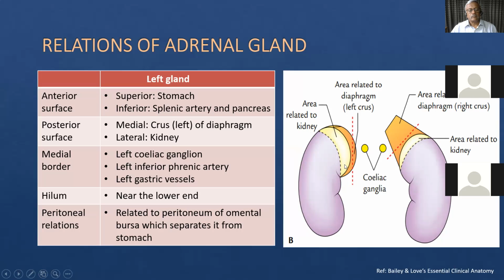The medial border is bounded by the left celiac ganglion, left inferior phrenic artery, and left gastric vessels. The hilum of the left adrenal gland is nearer to the lower end, and it is related to the peritoneum of the omental bursa, which separates it from the stomach.